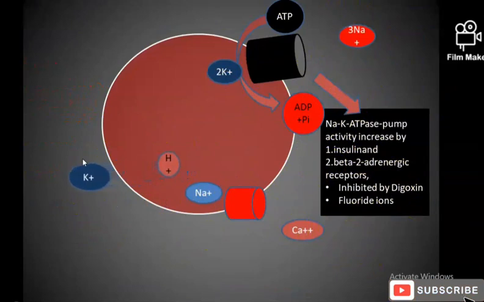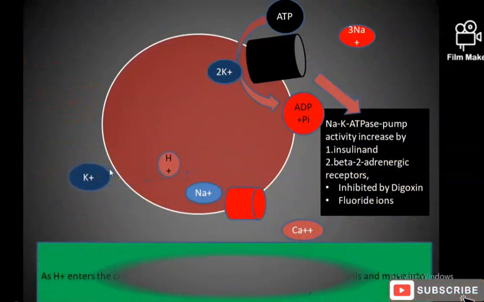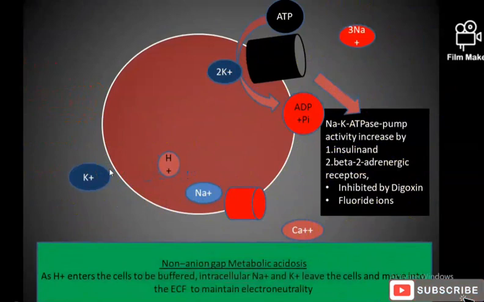So there are two types of metabolic acidosis. One is anion gap metabolic acidosis, and the other is non-anion gap metabolic acidosis. The exchange between the proton and the potassium is only in the case of non-anion gap metabolic acidosis.